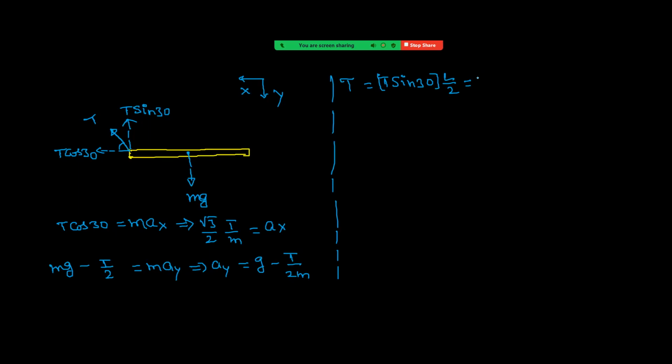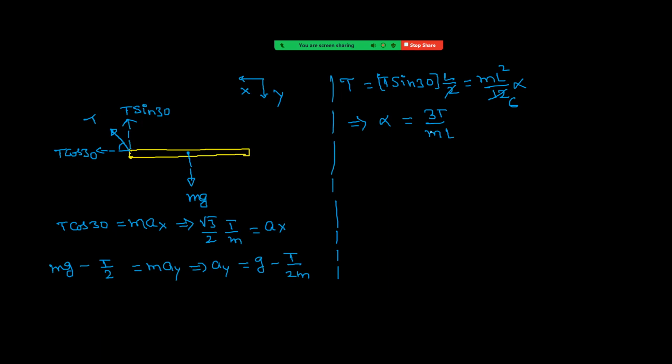About that axis, I value is ml square by 12 into alpha, right? So from this, what is the value of alpha? This is 6 times alpha equal to tension times 1 by 2, so it cancels here. So alpha equal to 3T upon ml.